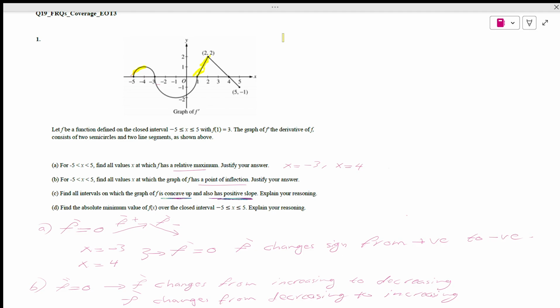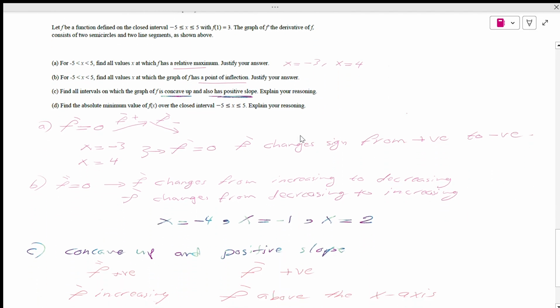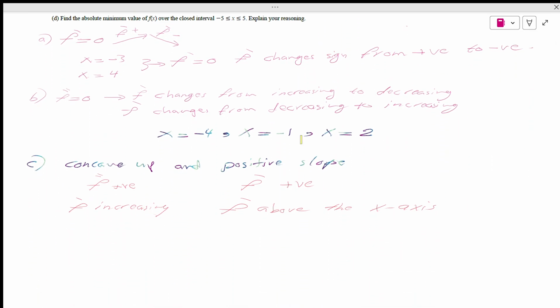So the intervals on which the graph of f is concave up and also has positive slope are -5 to -4 and 1 to 2. On these two intervals, the function is concave up and has a positive slope.